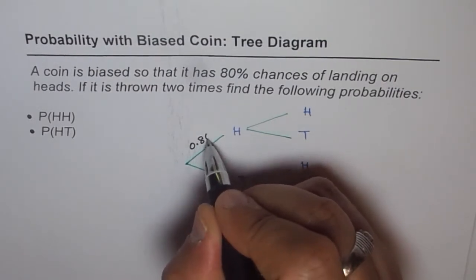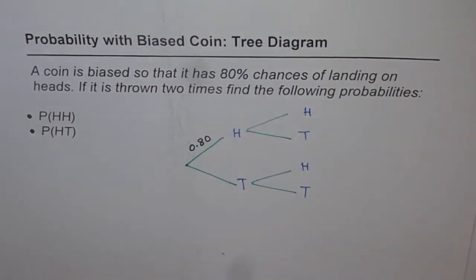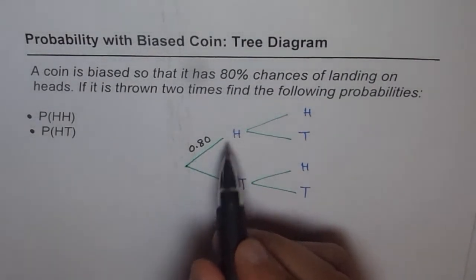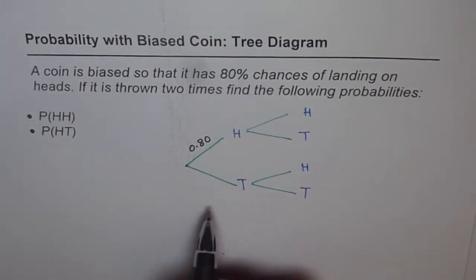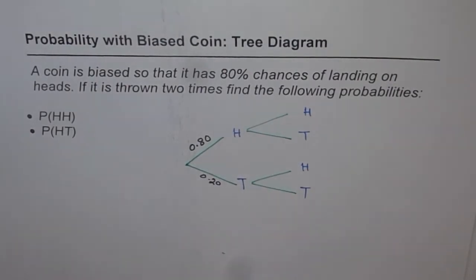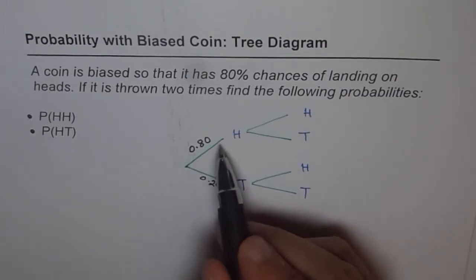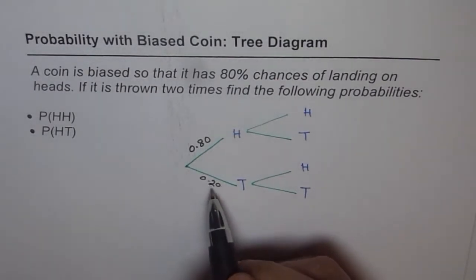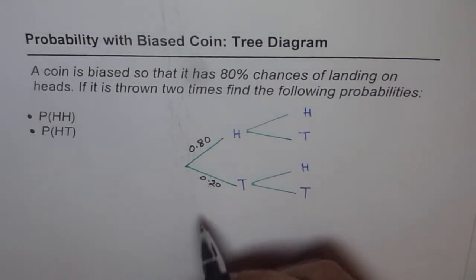I can write this as 0.80. That gives you the probability of getting heads. Now if the probability of getting heads is 80%, what is the probability of getting tails? It should be 20%, right? So 0.20, since the combination of probability is always 100%, right? So every branch has this kind of a weight. So we have different weights here.